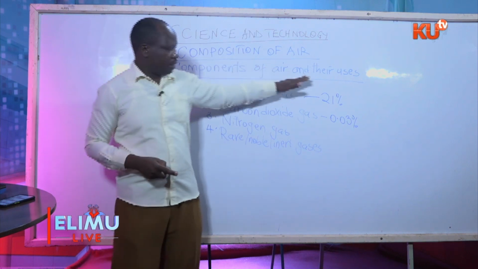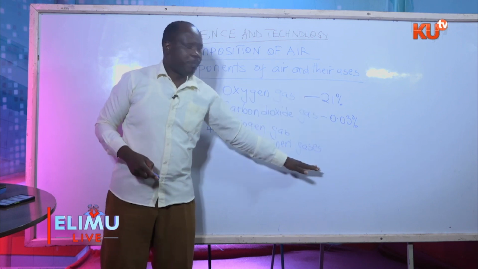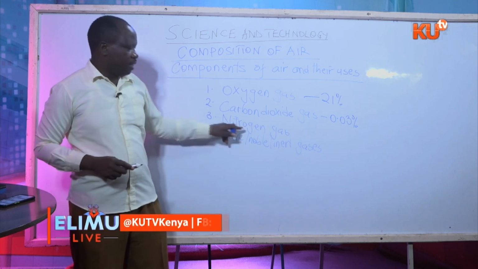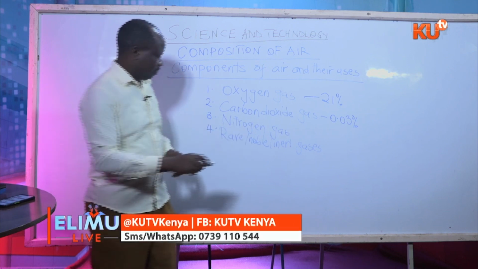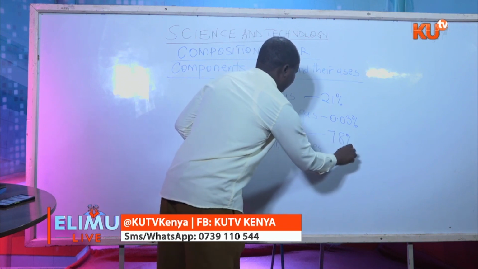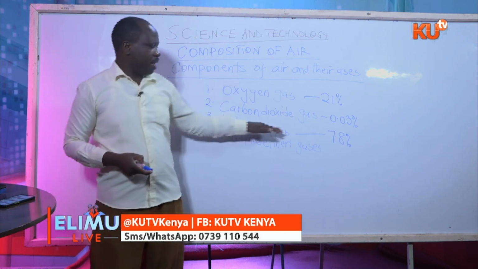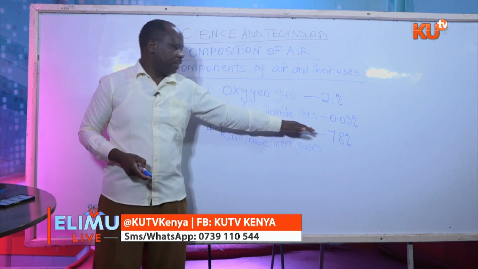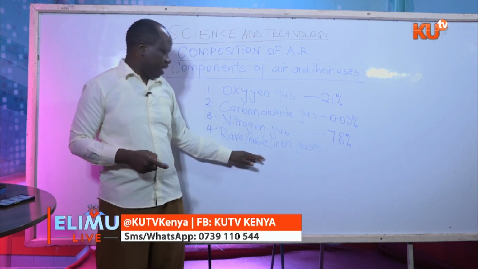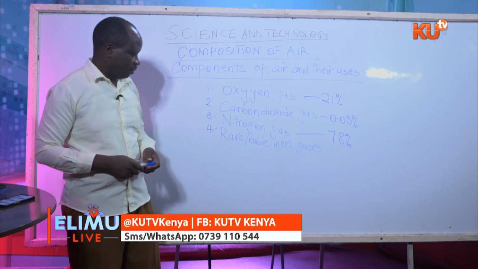And when we talk about percent, when we add, finally, we shall come to 100% composition of air. Nitrogen is the third one and is made up of approximately 78%. Then finally we have the rare, the noble, or the inert gases.